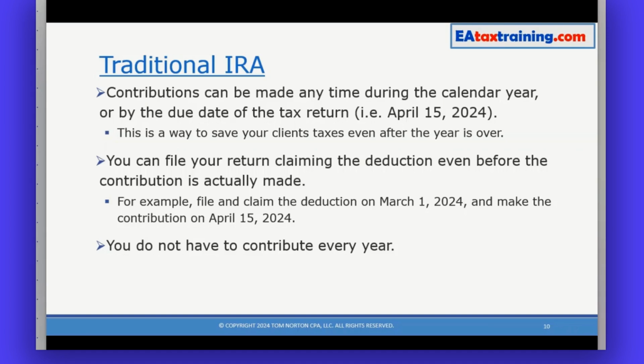And then also you can see here, you do not have to contribute every year. So just because you're setting up an IRA, you're not locking yourself into contributing every year. You can just contribute one time and that's all you ever contribute, or you can contribute one year and not the next and contribute again the year after that, however you want to do it.